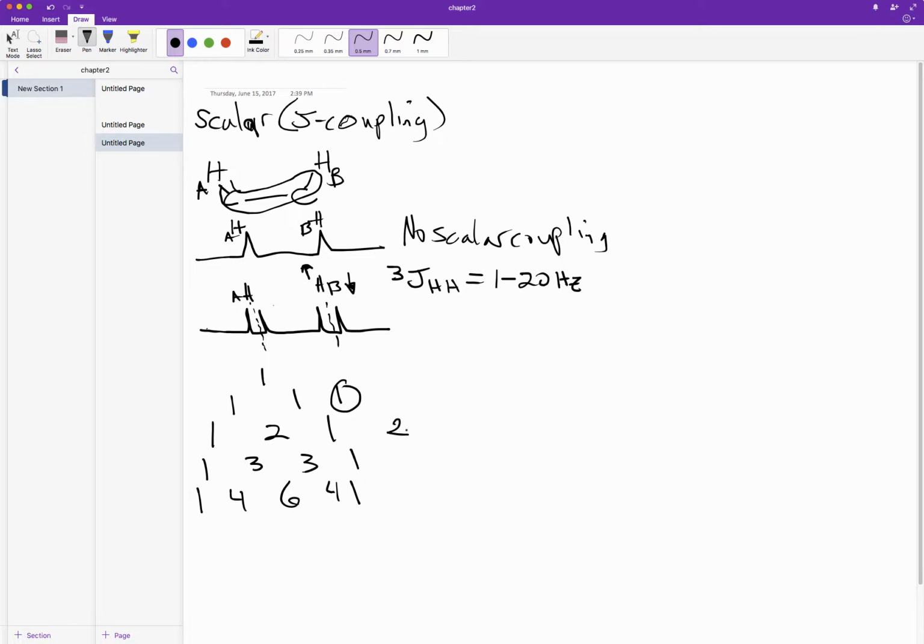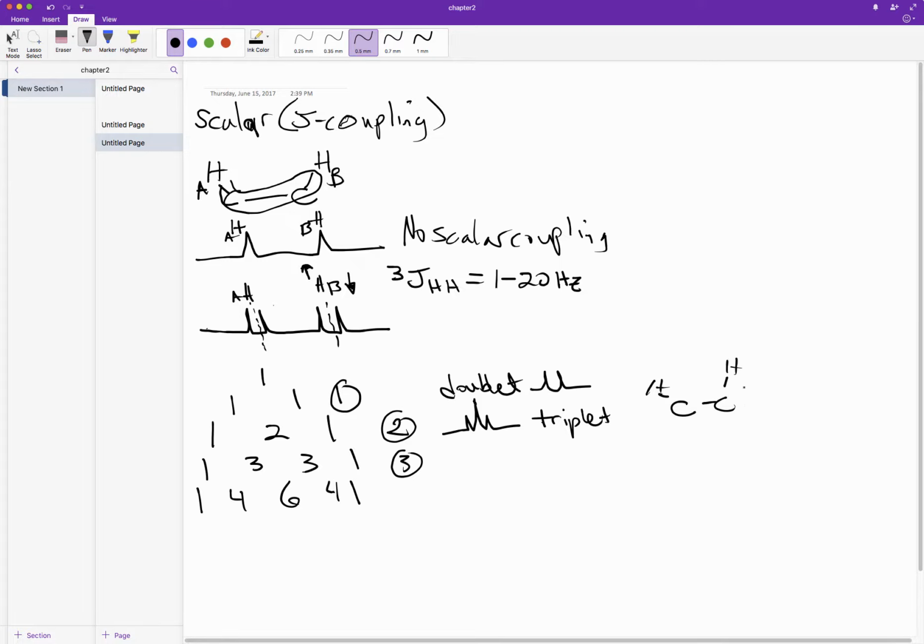If there's 2 neighbors, then you're going to see 3 peaks. So it's something like this. These 2 will be 1 intensity, and this one will be twice the intensity of the other 2. And we call this a triplet, where this is called a doublet. And then if you have 3 nearest neighbors, so something like here you got H, and you got H, okay?